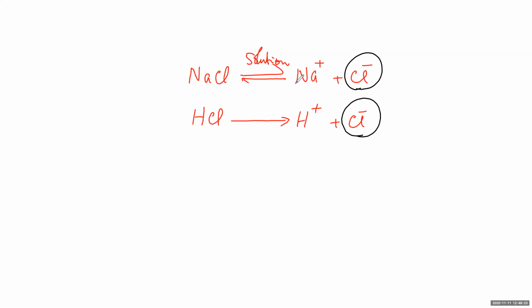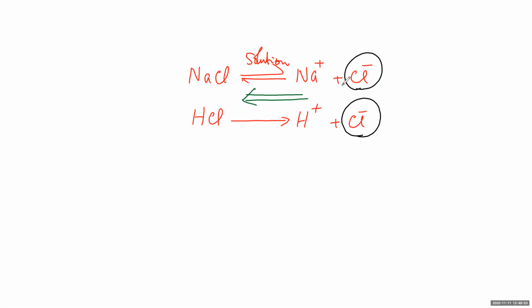Here chloride ion is the common ion. So when HCl, a stronger electrolyte, is passed through a saturated solution of sodium chloride, the dissociation of sodium chloride is suppressed. And so the backward reaction is increased.